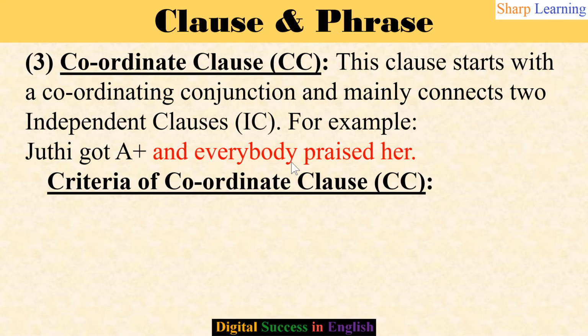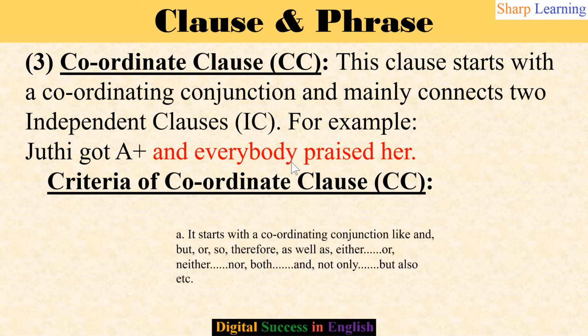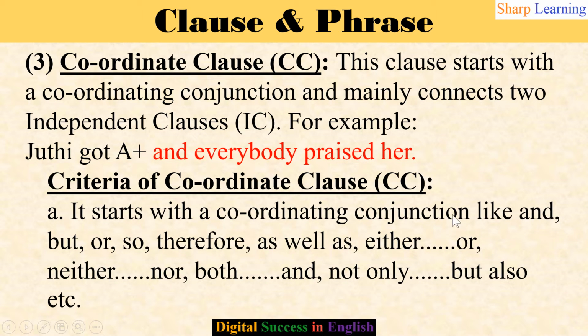Criteria of coordinate clause, that means criteria of CC. It starts with a coordinating conjunction, as we have already known: and, but, or, so, therefore, as well as, either or, neither nor, not only but also, etc. This type of coordinating conjunction will usually be used at the beginning of your coordinate clause.